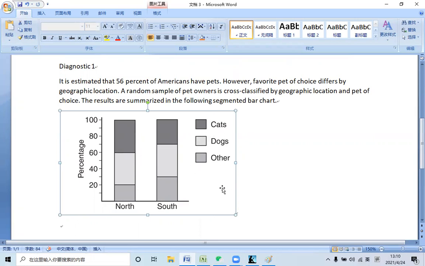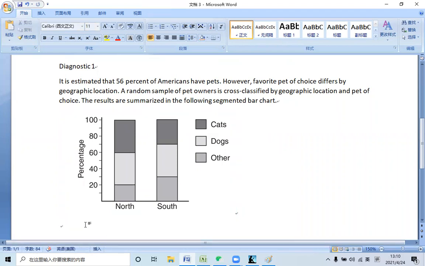What are the two variables? One variable is different types of animals: cats, dogs, others. What kind of variable is this one? Categorical or numerical? Quantitative or qualitative?